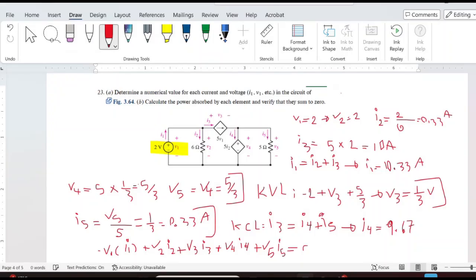This would be 0 if you plug in the values, because this one is negative and the rest are positive, meaning that the rest are consuming the energy, and the V1 power source delivers the energy, and we have the balance of power also checked here.